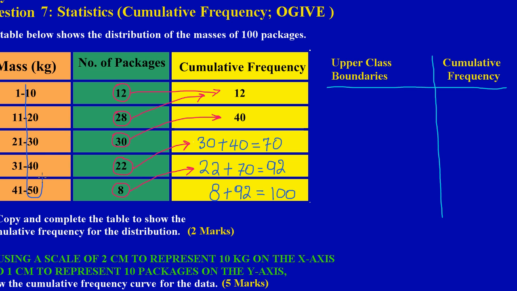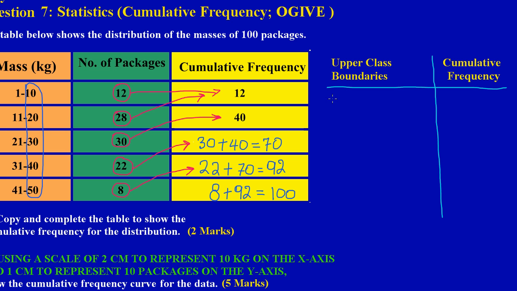These are called class intervals. In each class interval, you have an upper class limit and a lower class limit. I'm going to be taking the upper class limits of each class interval. So for the first one, I'm going to take the 10 up top here.